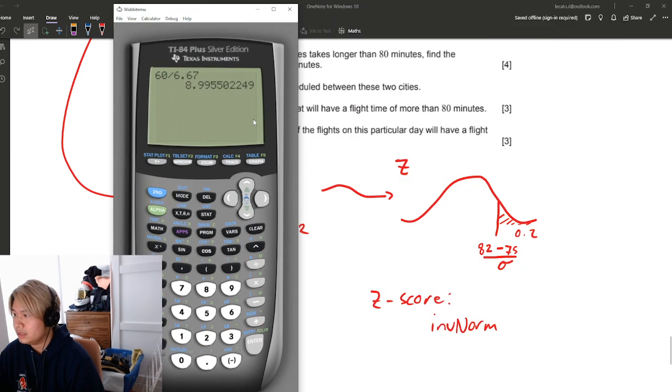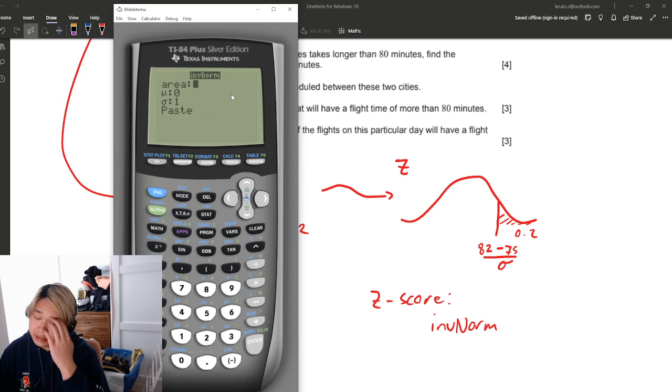Okay, so we're going to go to, I think, second, the distribute function, inverse norm. It's going to ask for the area, and if you have a lame calculator like this, inverse norm is for an upper boundary. So if you notice, this is a lower boundary.